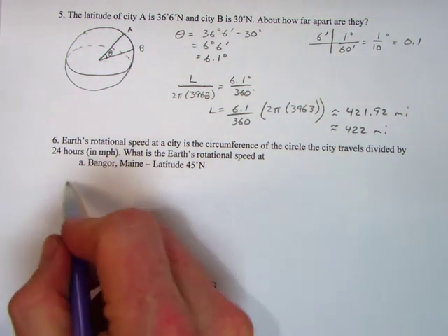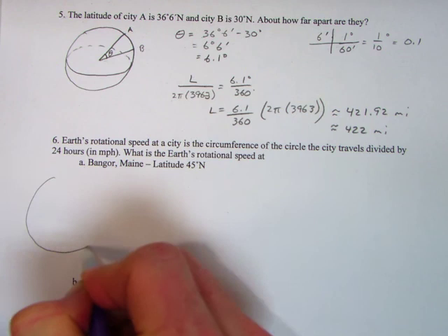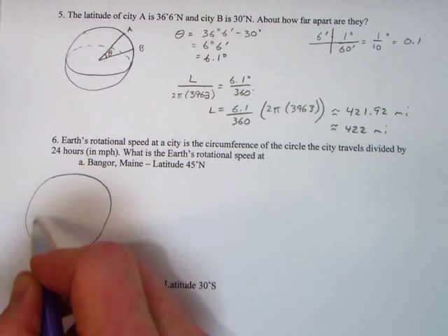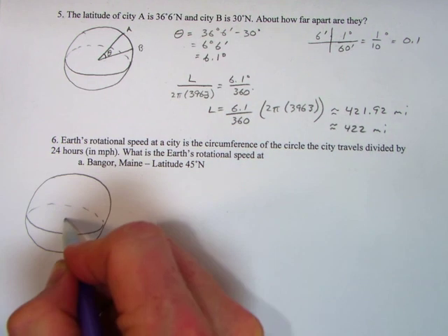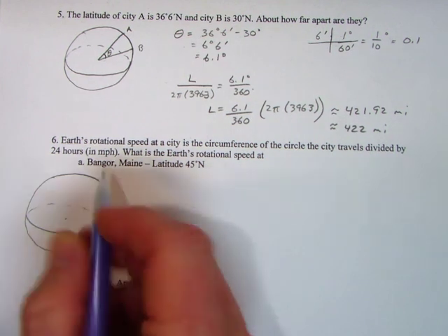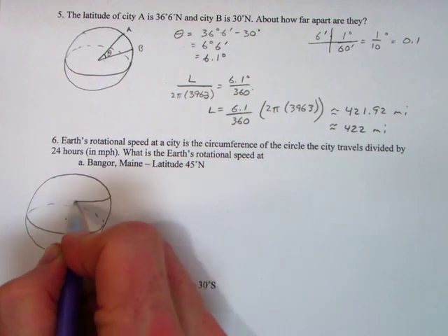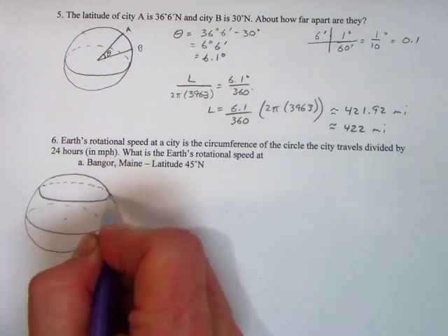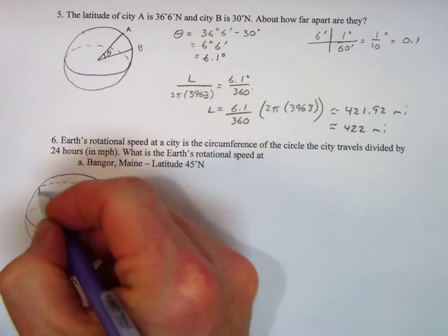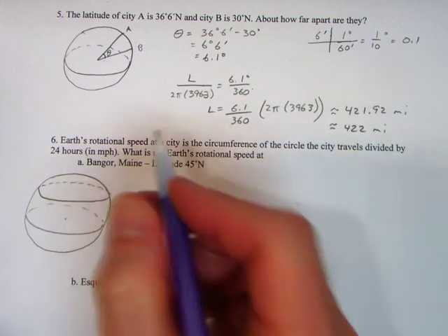If I set my picture up again, and I go from the center, I go up to 45 degrees, this is traveling at the circle that it's on is just going around here.